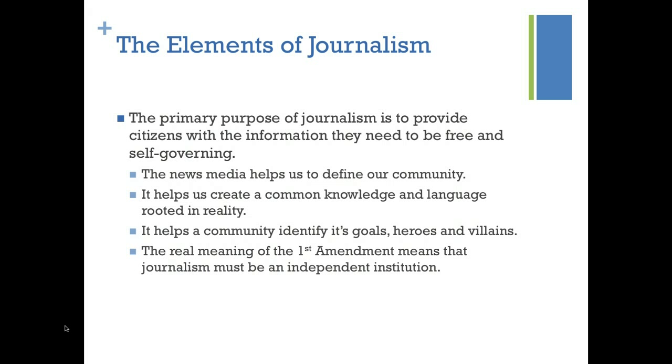In the First Amendment, we obviously have the language of the freedom of the press. But what the real meaning of the First Amendment means and what the freedom of the press means is that journalism must be an independent institution. That means that in a free society, in a democracy, the media cannot be controlled by the government.